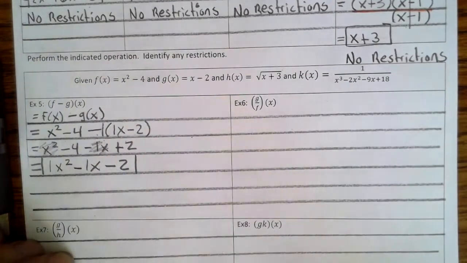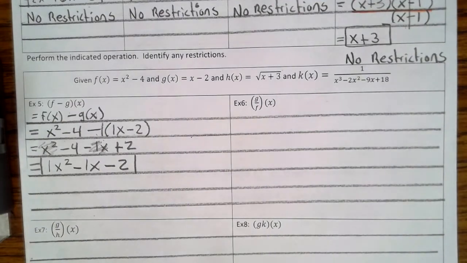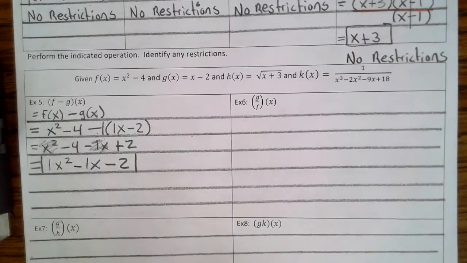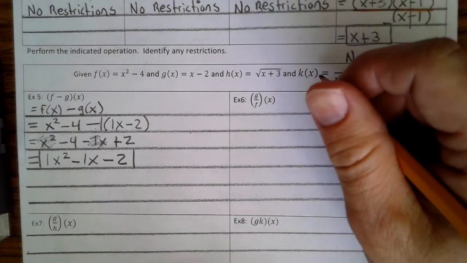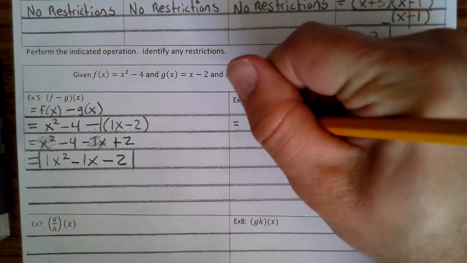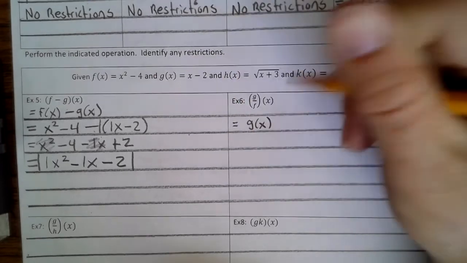Okay, so we have g of x divided by f of x. So g of x divided by f of x.